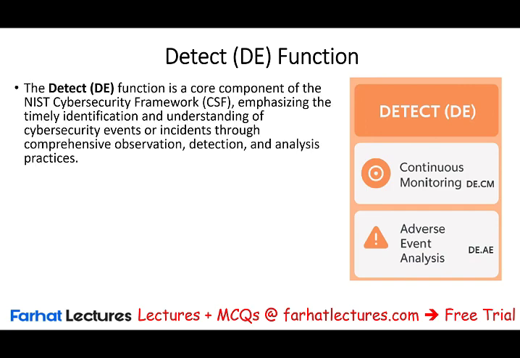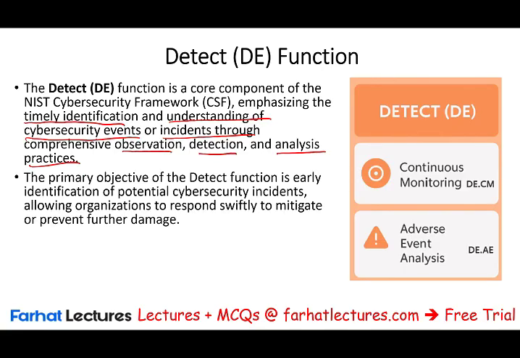It's a core component emphasizing timely identification and understanding of a cybersecurity event or incident through comprehensive observation, detection, and analysis practices. Simply put, in a nutshell, you find out something is going on and an incident is taking place by observation or detection or analysis. And now you have those tools.